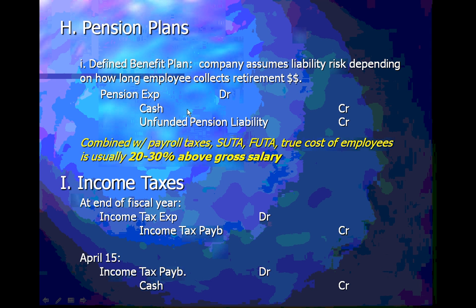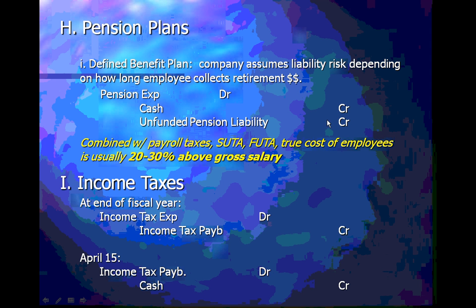And if they do not have the cash to cover it, they have to recognize an unfunded pension liability. This is a big, big deal, as public agencies as well as private companies may have too little cash set aside for employees who retire and are living longer and longer.